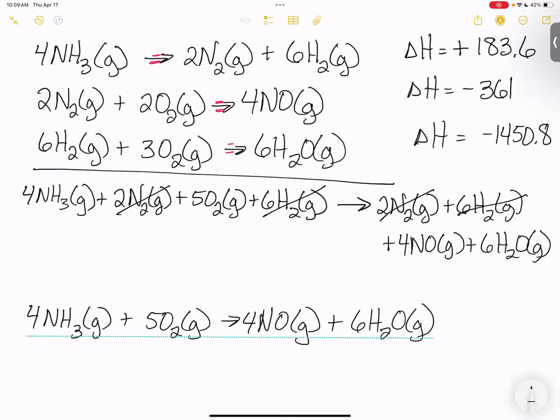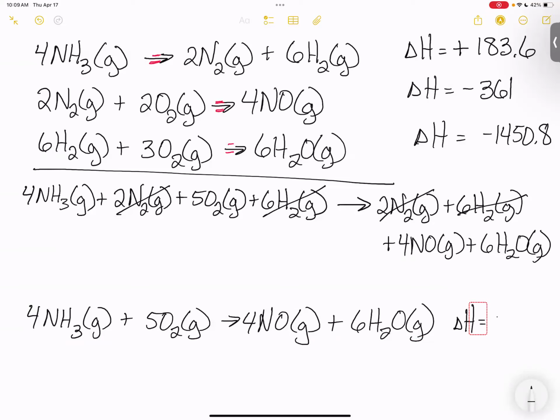Now, the enthalpy for this target equation is going to be the sum of the enthalpies for the 3 equations added together. We added the 3 equations, we're adding the enthalpies together.